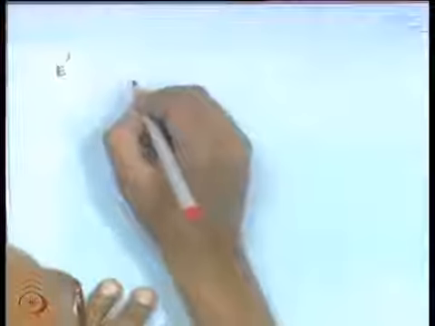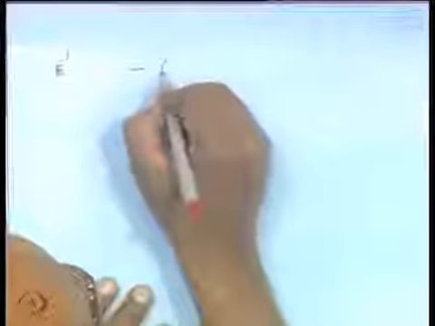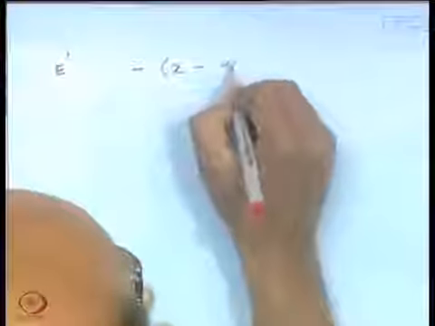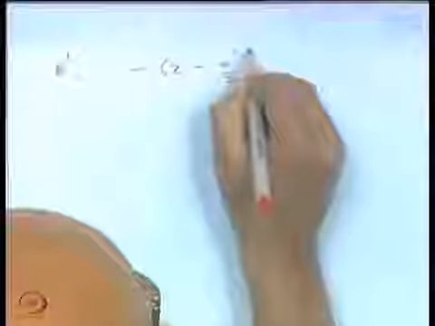This integral is not very difficult at all. The way to proceed is as follows. We write E prime as E prime plus alpha prime by 2 squared, minus x minus alpha prime by 2 squared. So, we want to write the term that occurs inside the square root as E prime minus this.